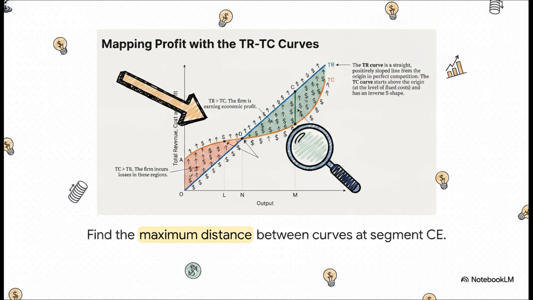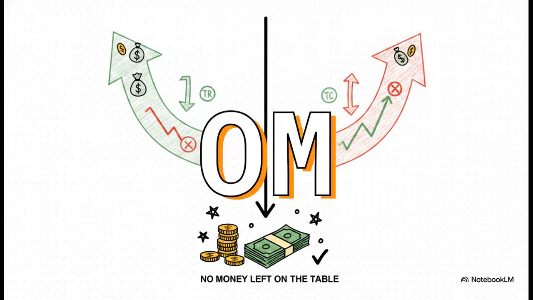And here, that magic happens right at line segment CE. If we drop a line straight down from segment CE to the horizontal axis, we hit output level OM. Producing at this specific target is the firm's ultimate optimization strategy. By churning out exactly OM units, they ensure the gap between what they earn and what they spend is as incredibly vast as possible, leaving absolutely no money on the table.